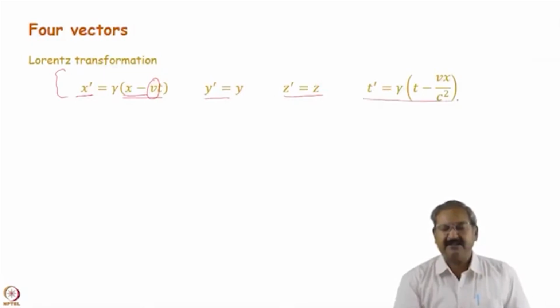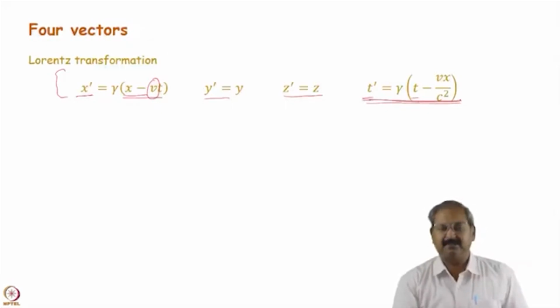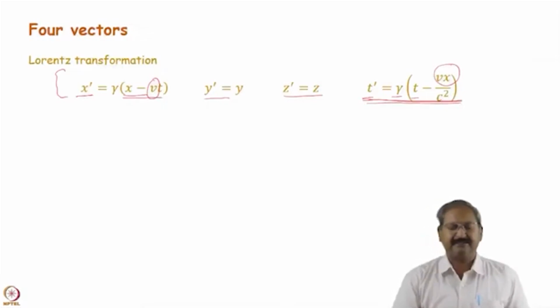And time is also relative. In Newtonian mechanics, time was absolute, and this was the fundamental change by Einstein, that time is also relative. So from one frame to the other, time changes by this formula: t prime equals gamma times (t minus vx by c squared). The vx term appears because the relative motion is along the x-axis.